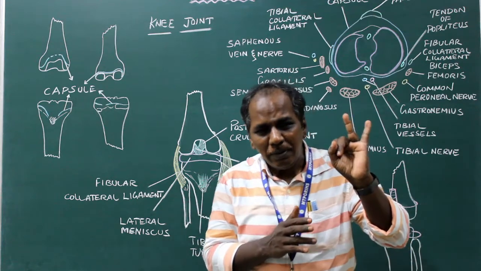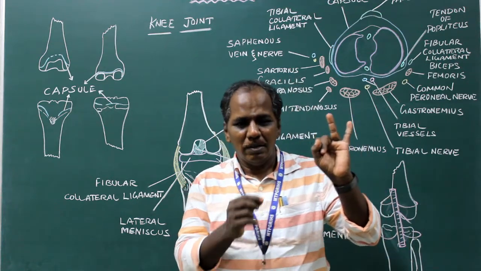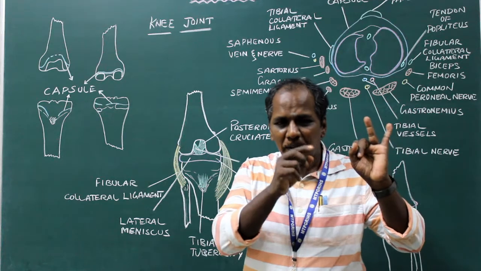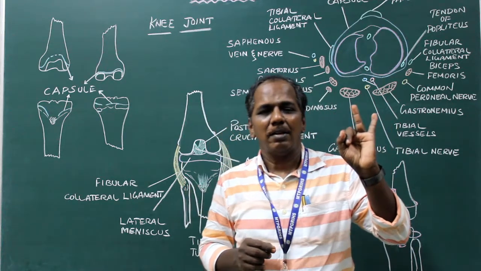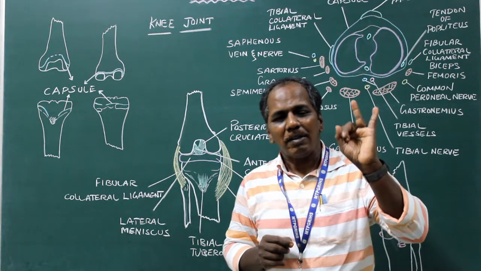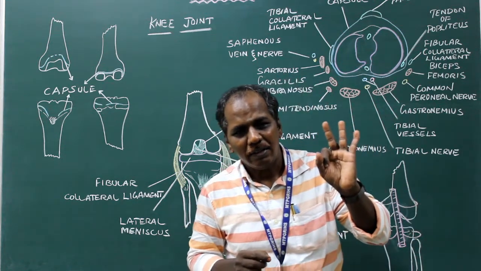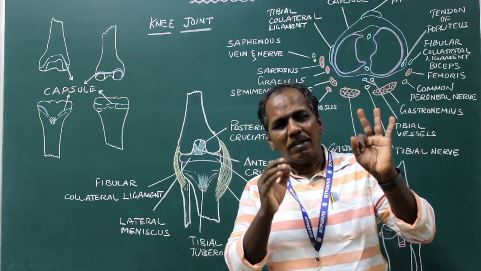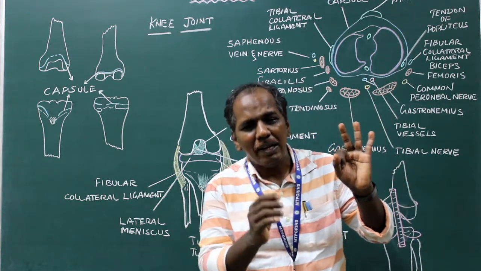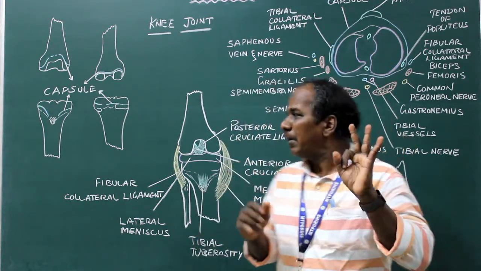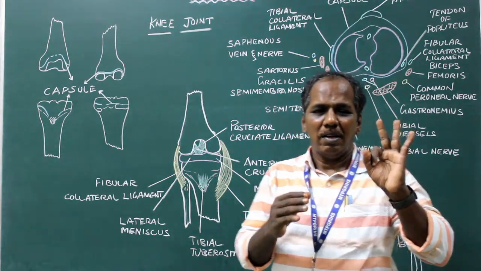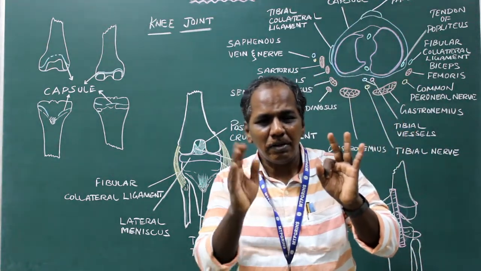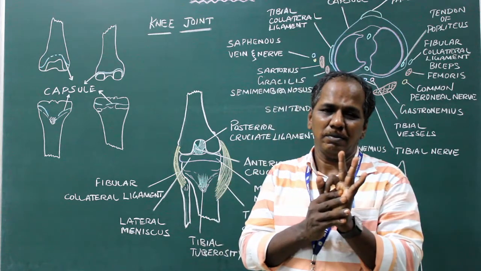The synovial membrane is attached to the margins of the medial and lateral condyles of the tibia. The synovial membrane is related to the anterior and sides of the cruciate ligaments, thus dividing the joint into two halves.